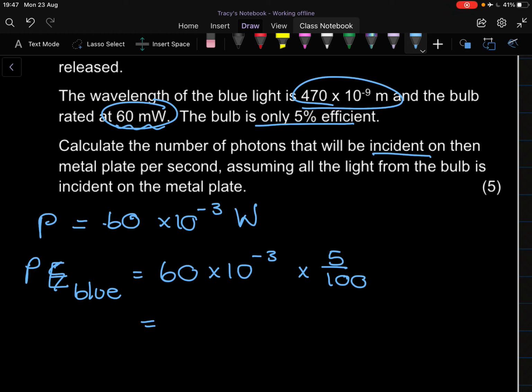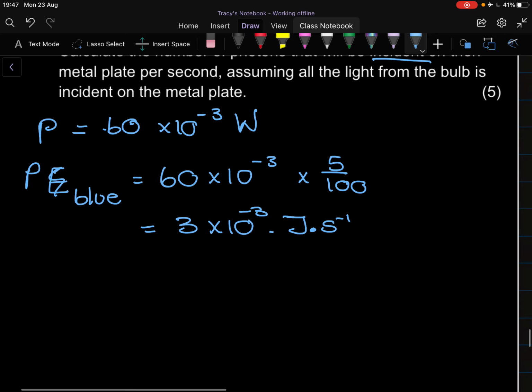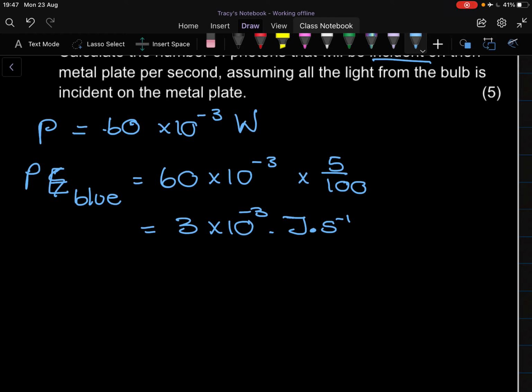I think it's a better way to do it. Okay, of the blue light is 3 times 10 to the minus 3 joules per second. Alright, so the power, the rating, is 3 times 10 to the minus 3 joules per second.